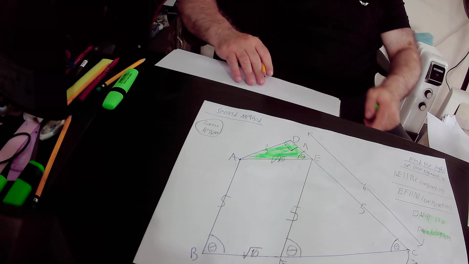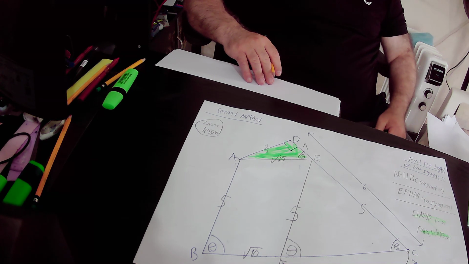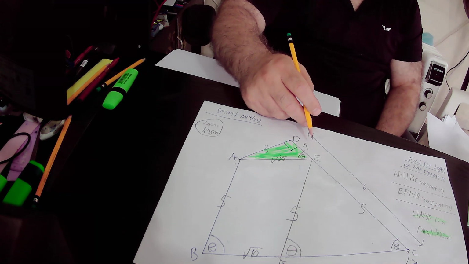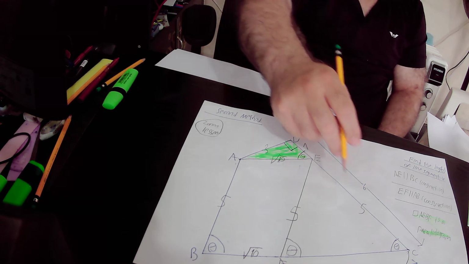In the next step, we will do a construction. From point E, we will draw a perpendicular on FC.